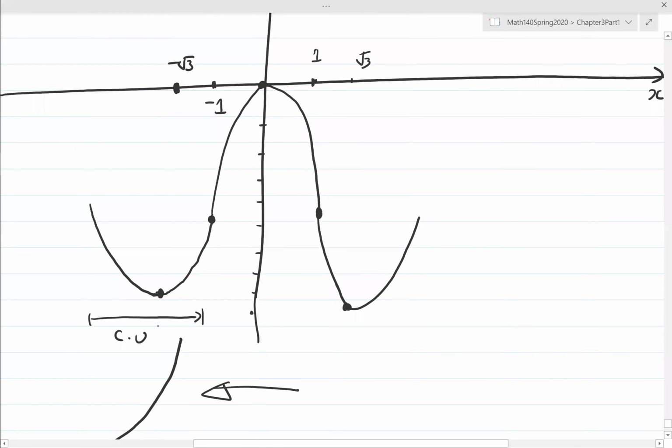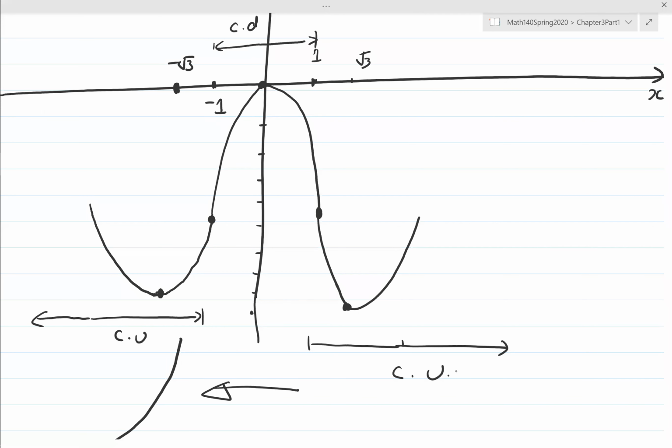From -1 to 1 it is concave down. And then all the way to infinity, it is concave up. Now you see the concavity changes when x is -1 and 1.